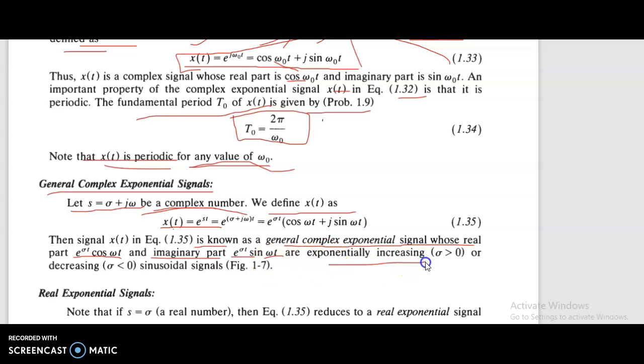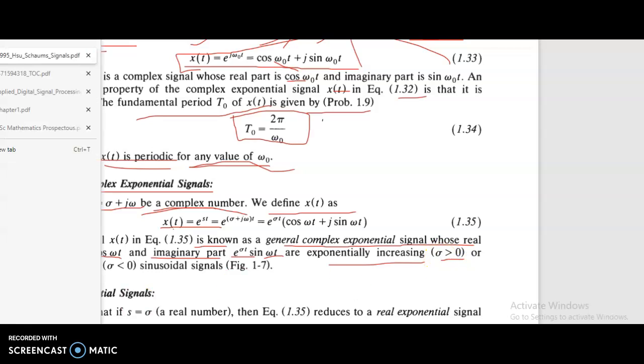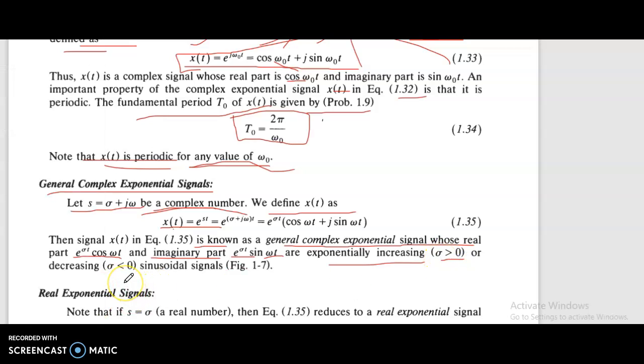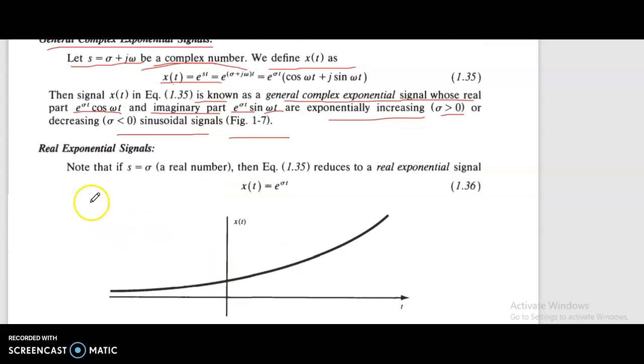For exponentially increasing, sigma is greater than 0, or decreasing, sigma is less than 0, sinusoidal signals. Real exponential signals. Note that if s equal to sigma, a real number, then the equation 1.